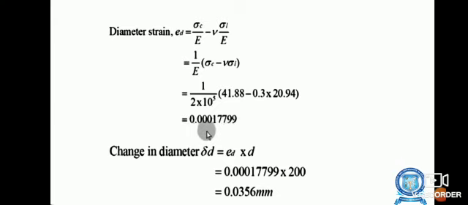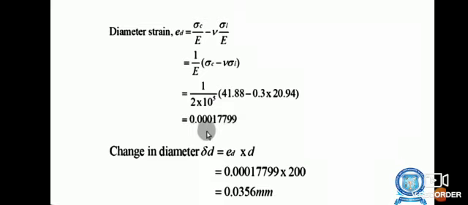Diameter value is 200. So we got the answer of change in diameter, 0.0356 millimeter. That is the change in diameter of the cylinder.